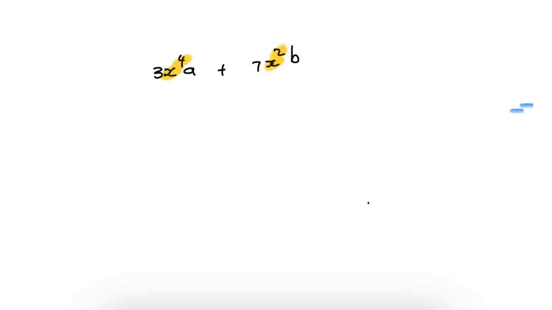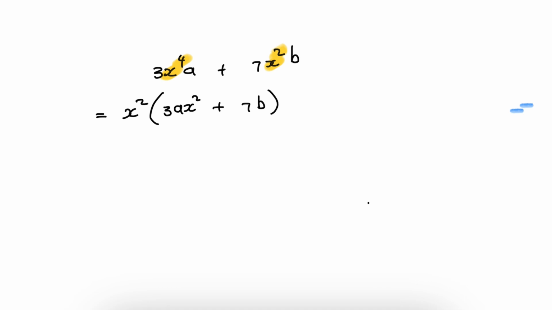The first one has 4 and the second one has 2, but the highest amount I can take out of each of them is 2 x's. So factorizing this would mean that if I take out an x squared, by the first term there would be left 3a x squared, and by the second term we'd have 7b.